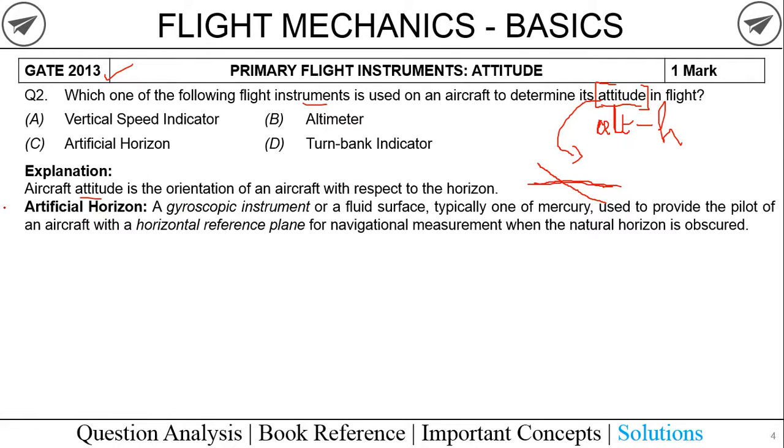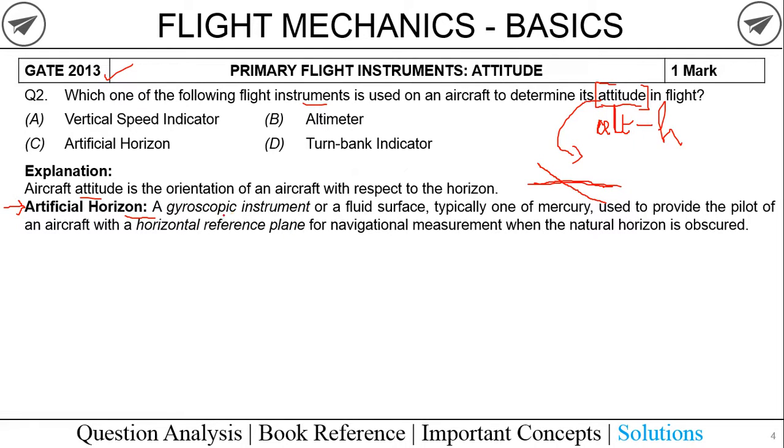So in an aircraft we create an artificial horizon, as we cannot always refer to land. As the aircraft flies above 3000 or 4000 meters, seeing land is difficult as clouds may intercept. So the instrument uses an artificial horizon, and we'll see what this artificial horizon looks like in the next slide.